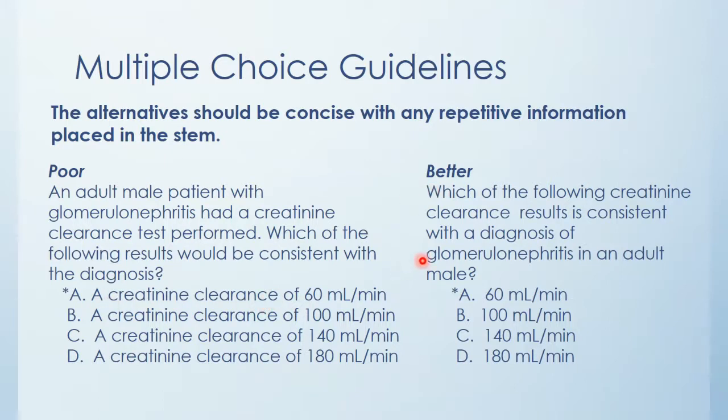Whereas if you rephrase it, you now have creatinine clearance results over here in the stem, and you just have to put the values in the answer choices. So it's much more concise and easier for the learner to read it and choose the correct answer.